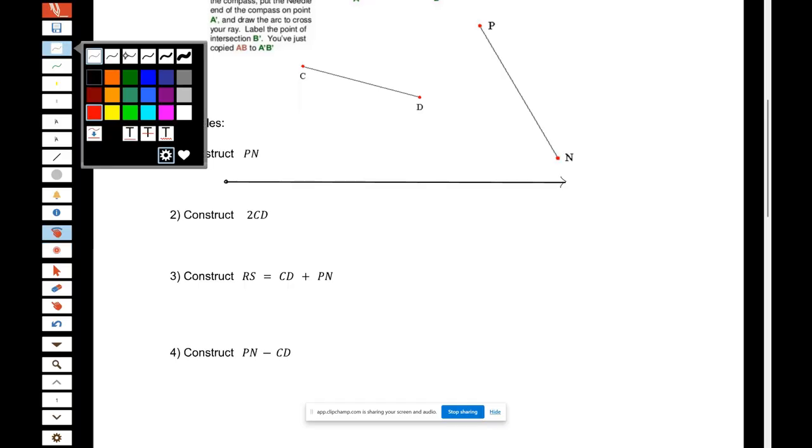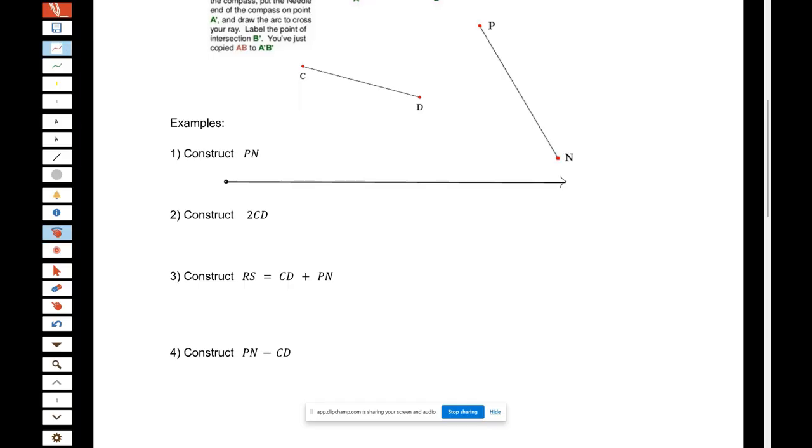And where it makes that arc is going to mark off that distance. Now, they didn't tell us what we have to name it, so I guess I'm just going to highlight this as being my length of PN, or I could label this as being the same distance as PN. And that's how you copy a segment.